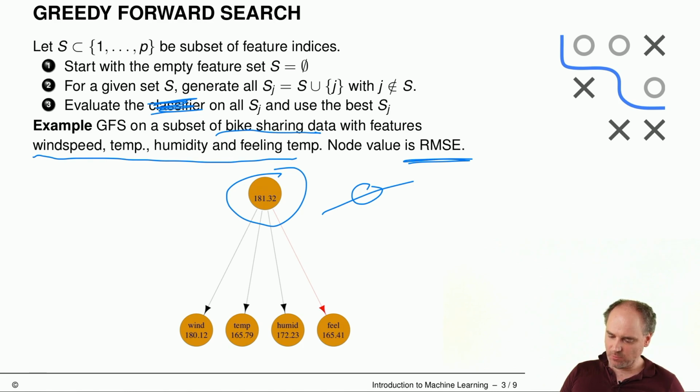And the next thing we are going to do is evaluate multiple models which include exactly one feature. So we'll use our model together with just the wind speed feature or with just the temperature feature. And we'll now evaluate that on a validation data set or through cross-validation.